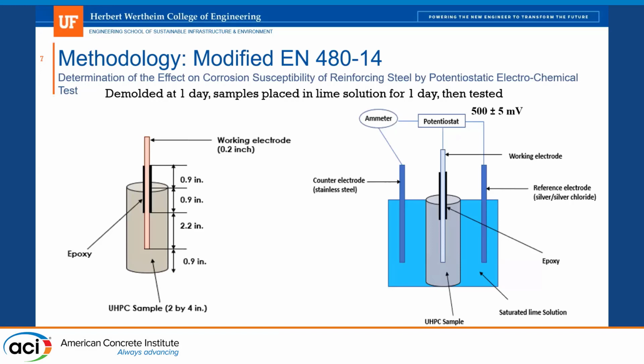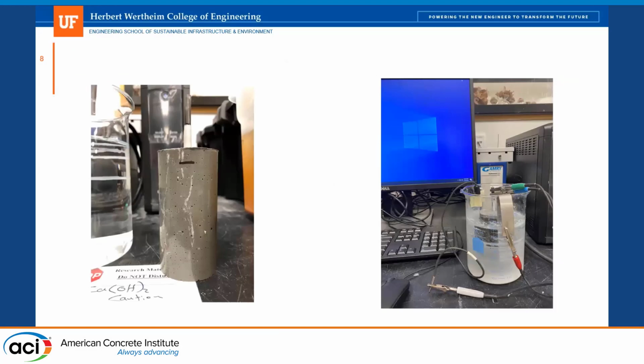So the duration for the whole testing is going to be 3 days. And here is how it looks in reality: the 2x4 inch concrete, and a picture from the lab of the lime solution with the sample inside, and we are using the Gamry for that.